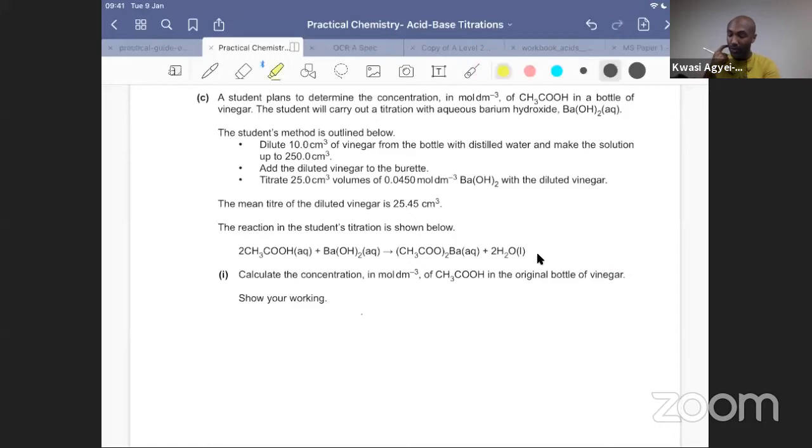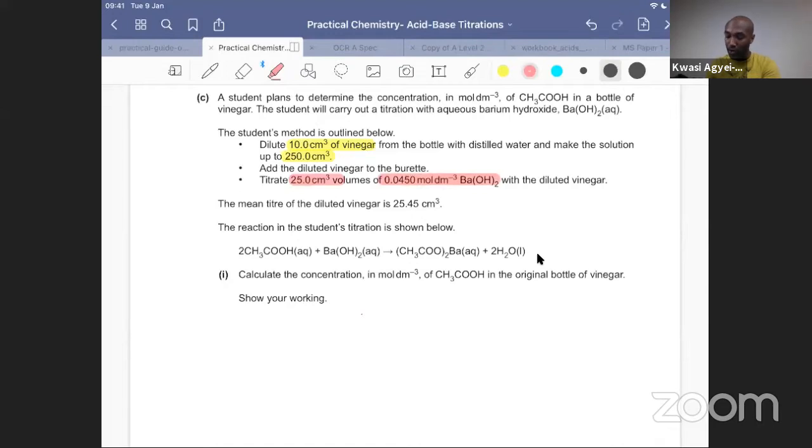So the first thing we want to do is to make sure we've got the right data associated with the correct substance. We've got vinegar, which is 10 centimeters cubed of vinegar from the bottle, and this is made up to 250, so it's diluted to 250, and we then are going to titrate 25 centimeters cubed volumes of barium hydroxide of concentration 0.045.